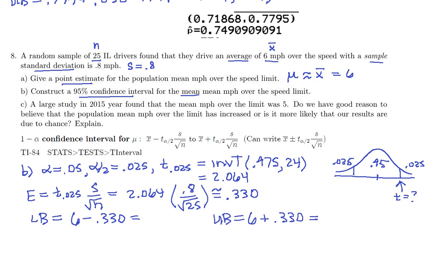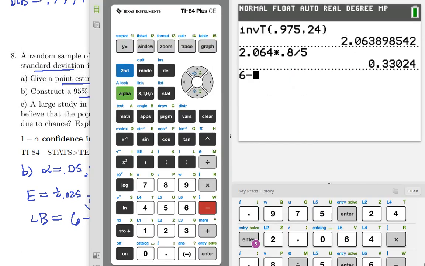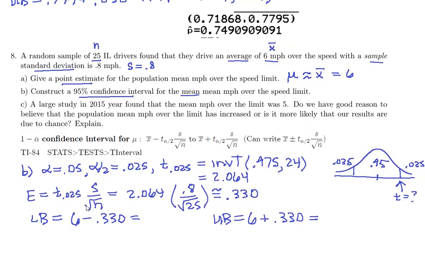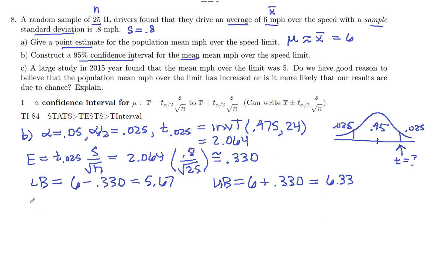So 6 minus 0.33, 5.67. And then 6 plus 0.33 would be 6.33. So that means that our confidence interval here is 5.67 to 6.33. And we are 95% confident that the population mean is in that interval.